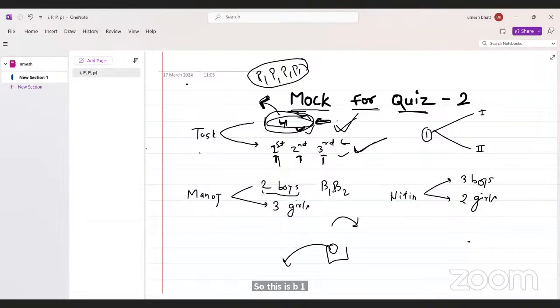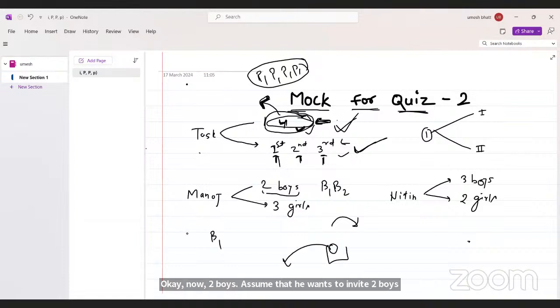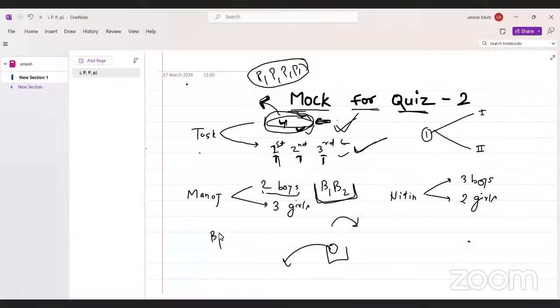If Manoj selects one boy, assume that he selects B1. Now Manoj wants to invite two boys. In that case, if I replace again in my bucket, Manoj can also choose B1 again in the second round.